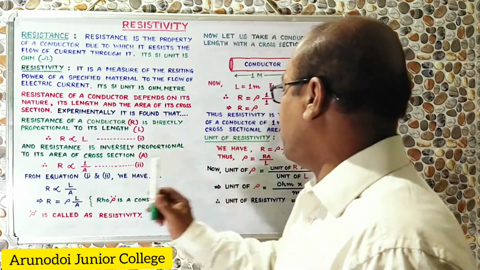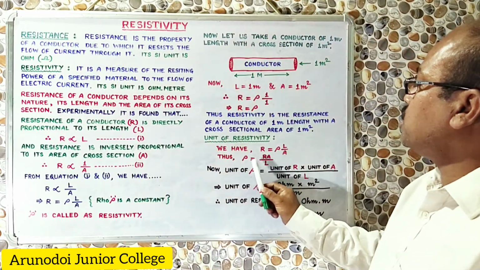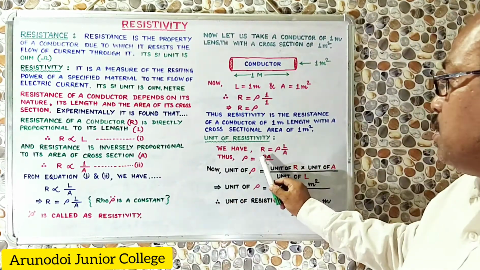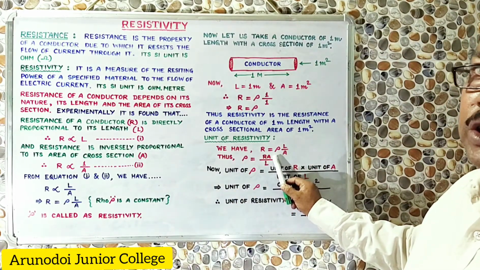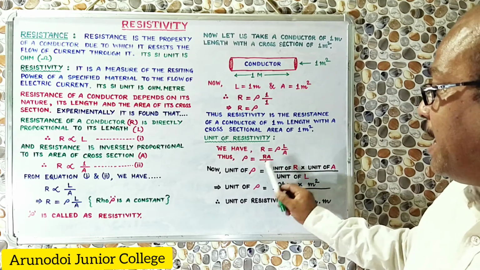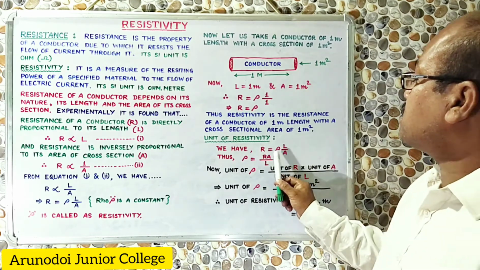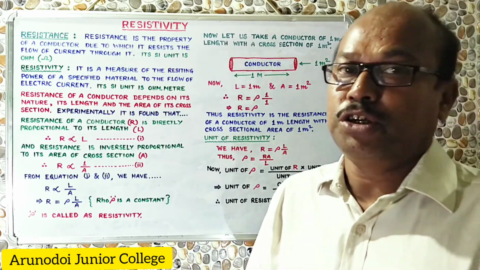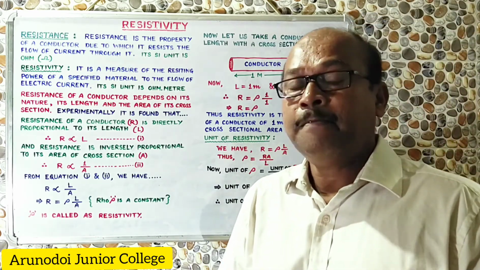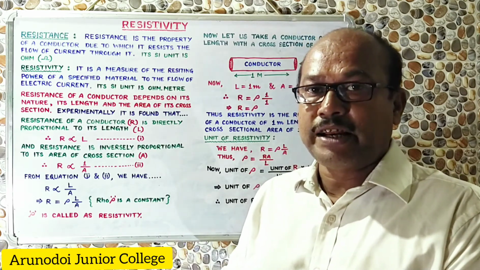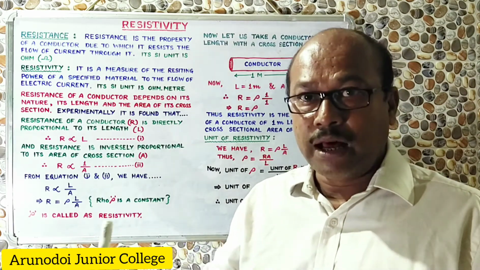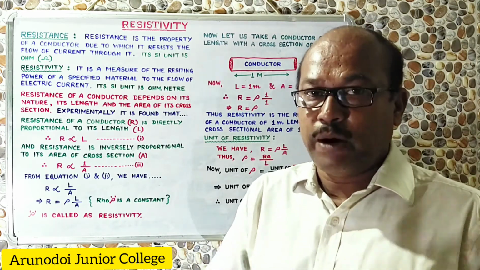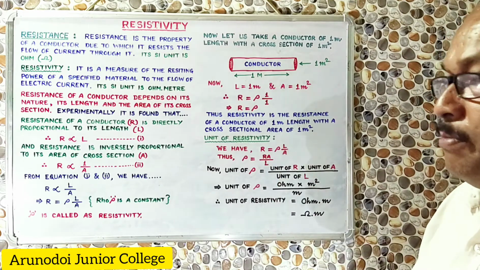Thus you will get rho is equal to RA by L. That is, resistivity rho is equal to resistance into area of the cross section of the conductor divided by length. From this mathematical relation we get as a corollary that resistivity is equal to the resistance of the conductor into its cross-sectional area divided by the length of the wire. That is, rho is equal to R into A divided by L.